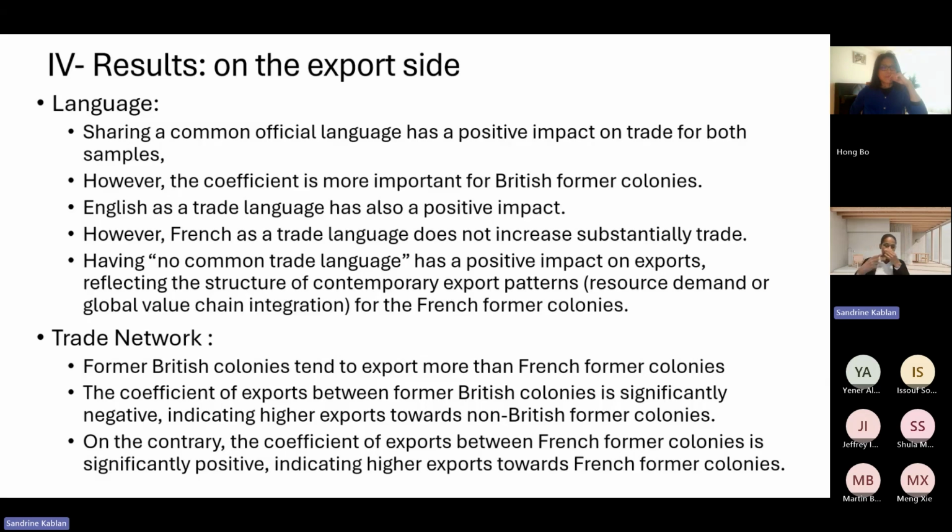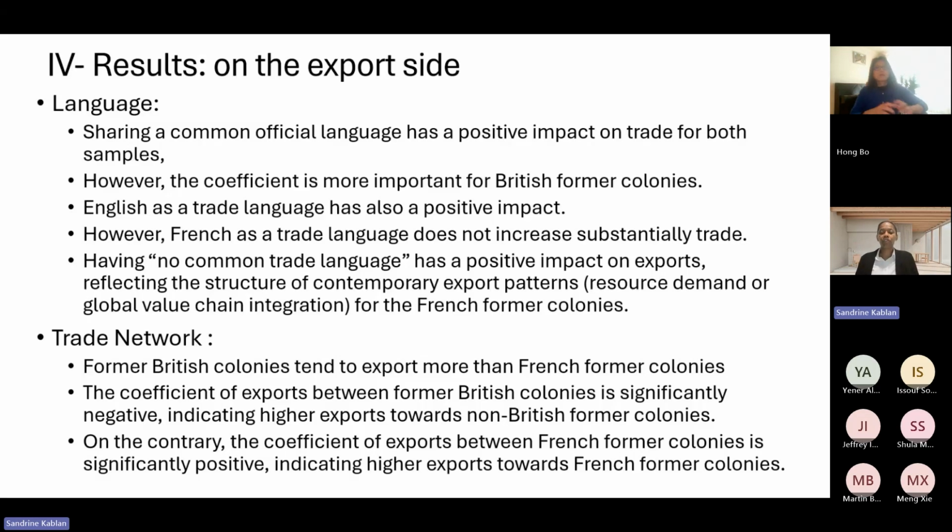If we want to talk about the results related to the trade network, former British colonies tend to export more than former French colonies. The coefficient of exports between former British colonies is significantly negative, indicating higher export towards non-British former colonies.